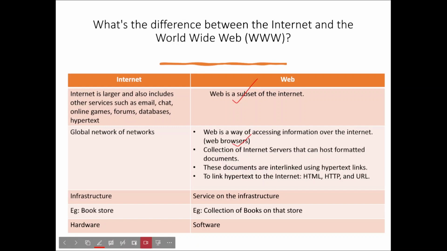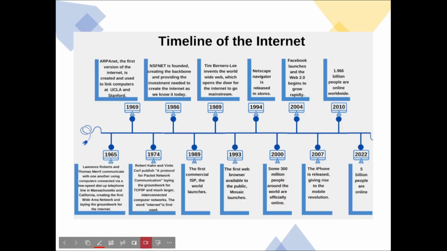So these are some of the differences between the internet and World Wide Web, and you can see the timeline of how the internet has evolved. The first worldwide area network was developed in 1965, and then in 1969, the first version of internet was released, which is called ARPANET.